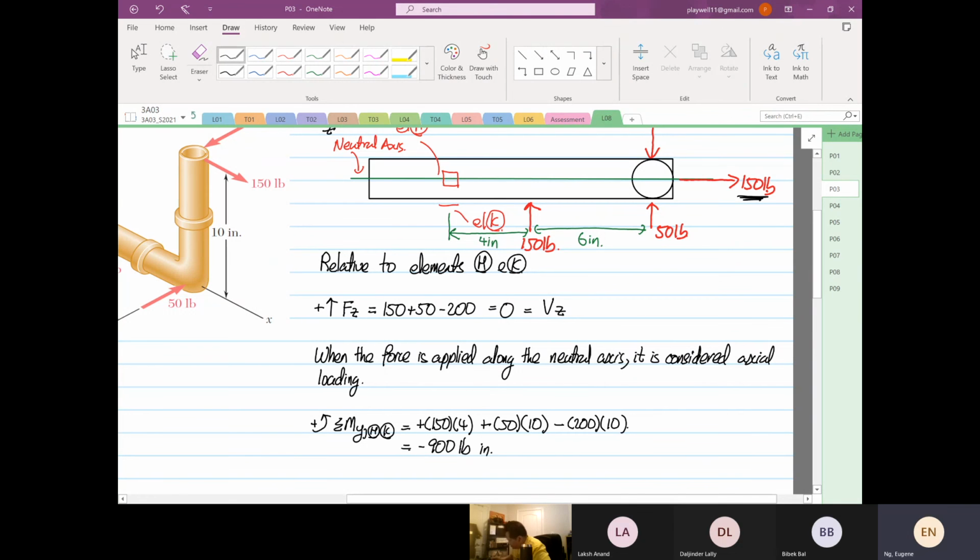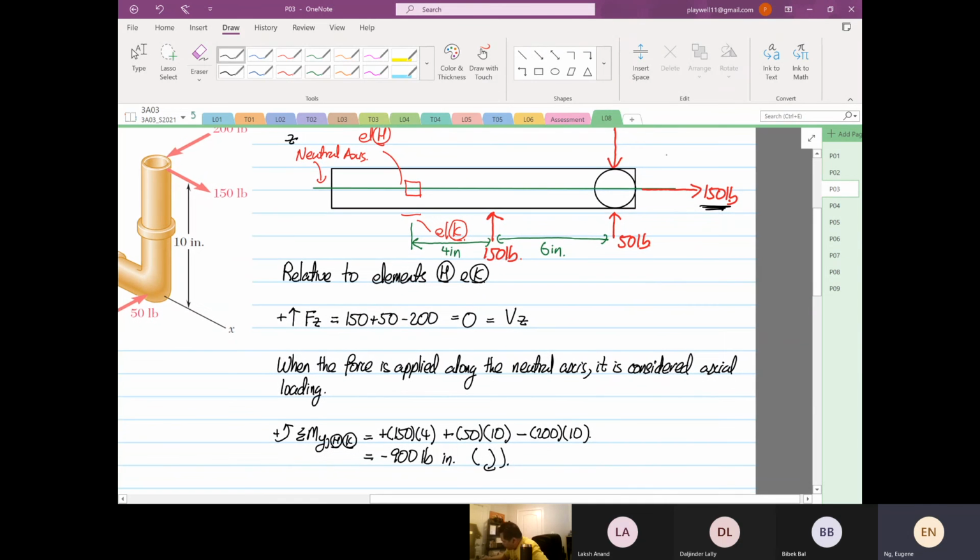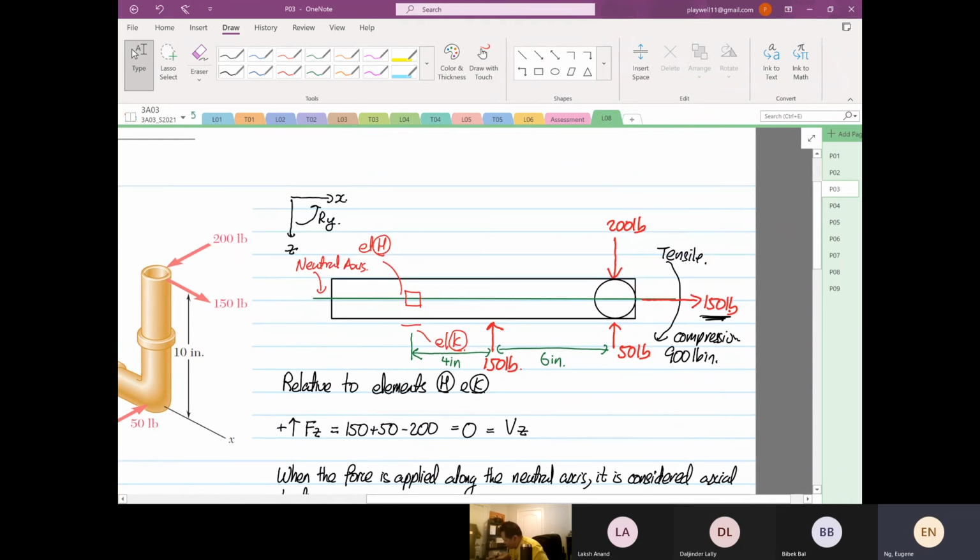pound-inch. So 900 pound-inch means it's going to rotate in this direction. You can put down 900 pound-inch, and this side is going to be tensile and this side is going to be compression. From here, you can do the analysis.